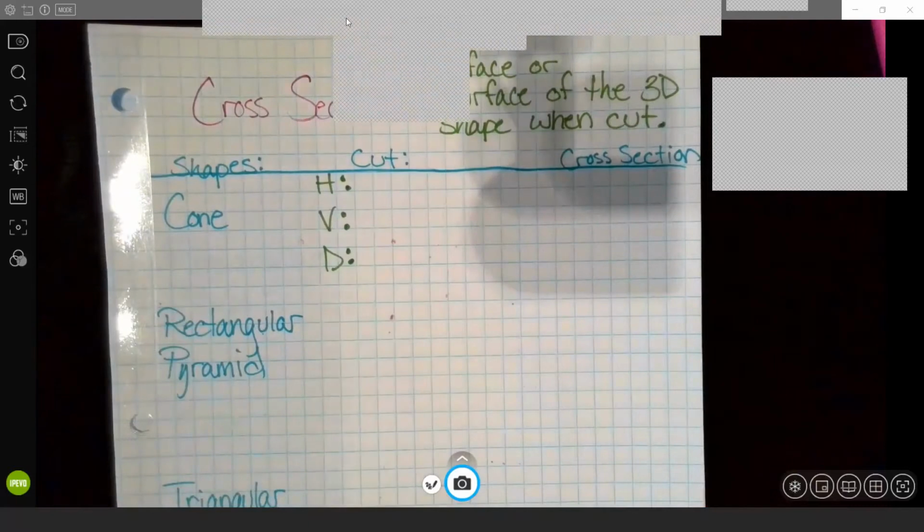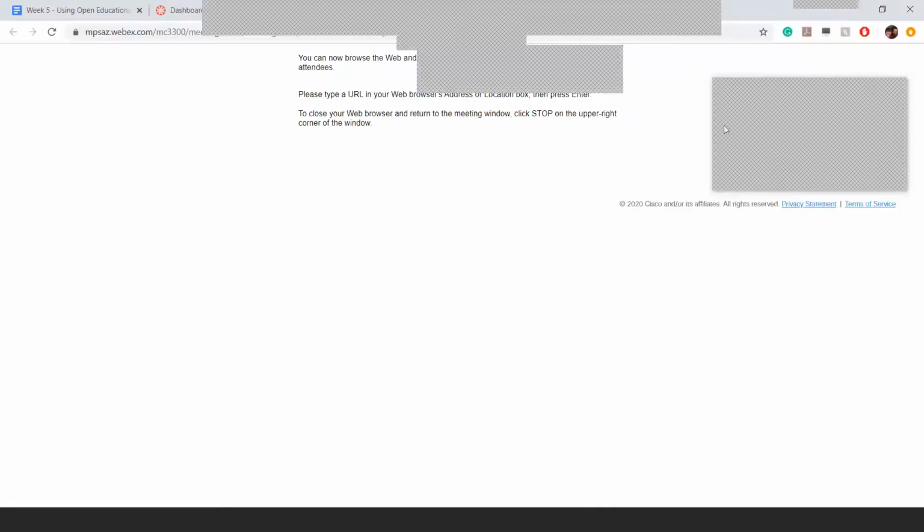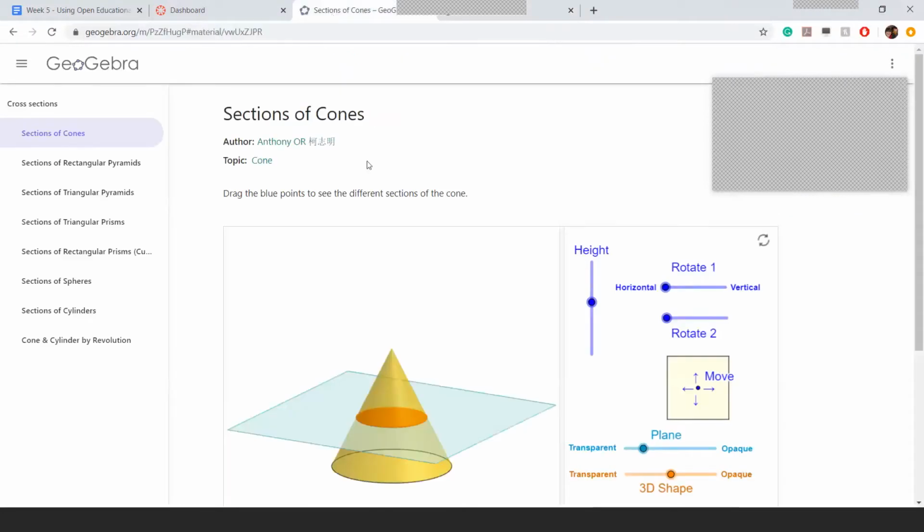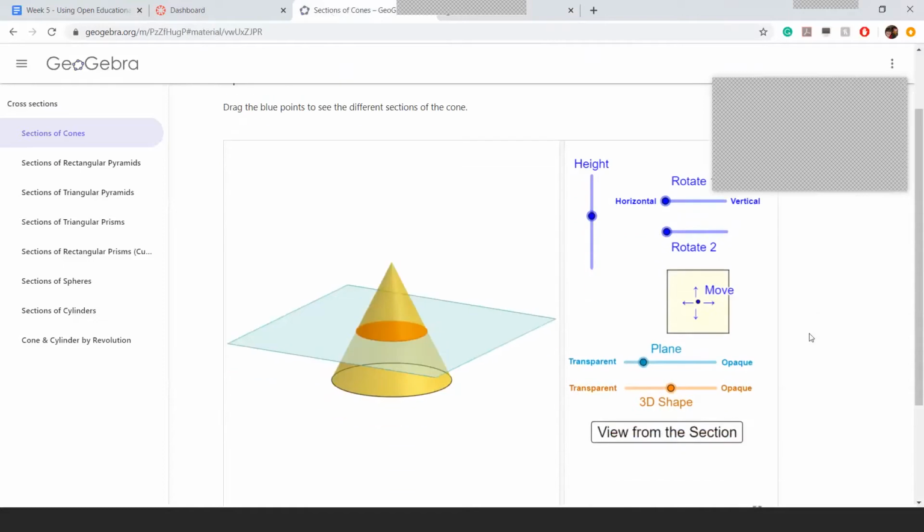So let us see. Sharing our web. First, we'll look at sections of the cone. So right away when I look at the cone, I can see that my horizontal cut is made in my shape.